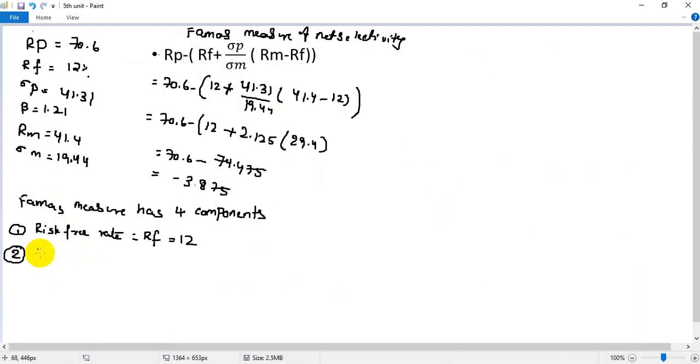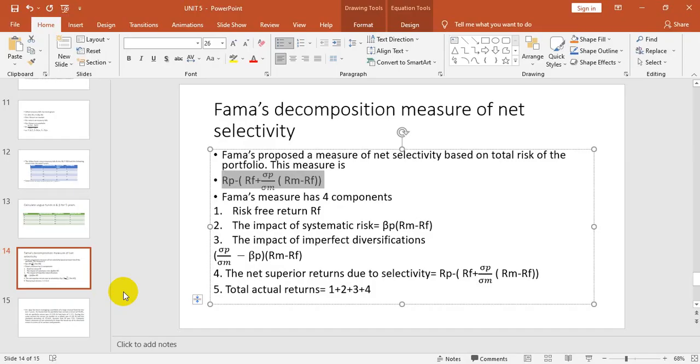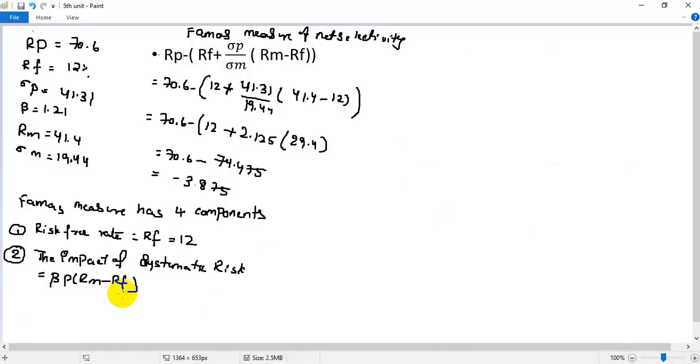So over here, the impact of systematic risk, beta P into RM minus RF. Okay, that is the second one. So your beta is 1.21 into RM, how much? 41.4 minus RF, how much has been given? 12.